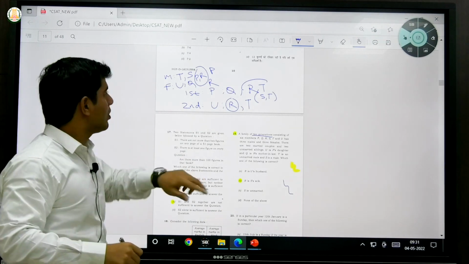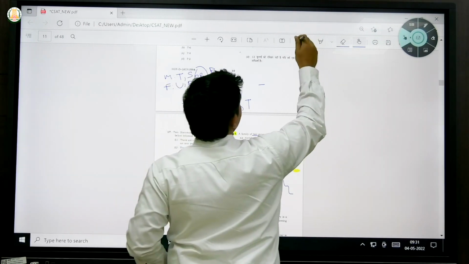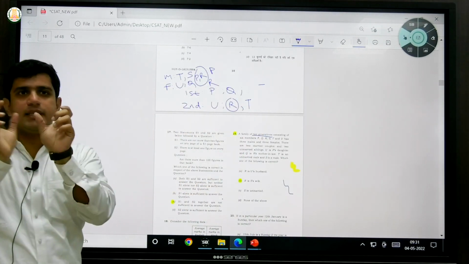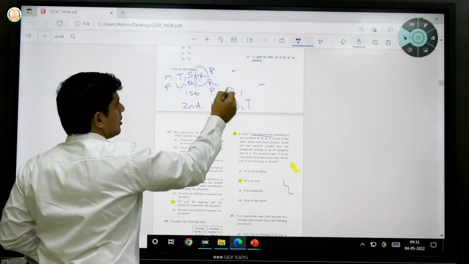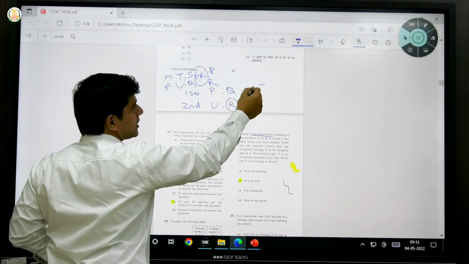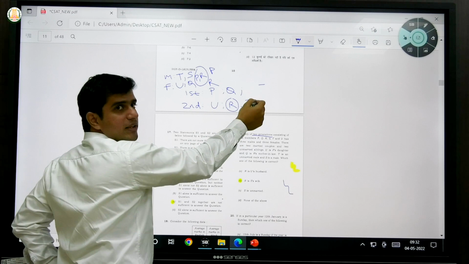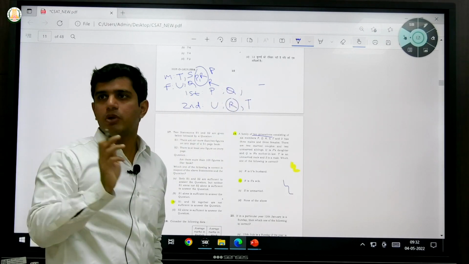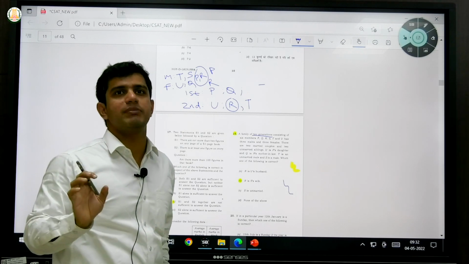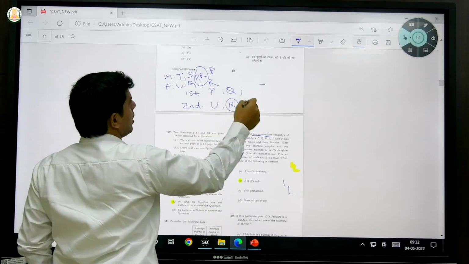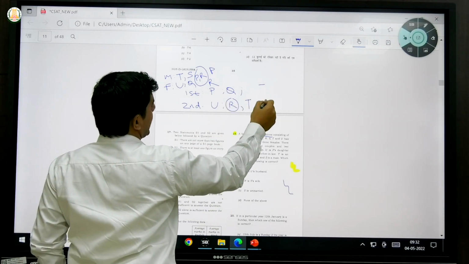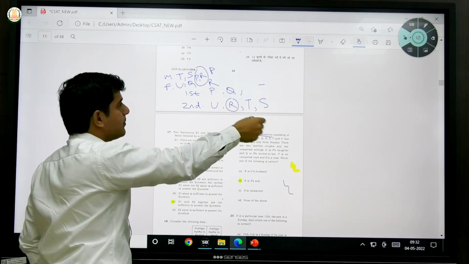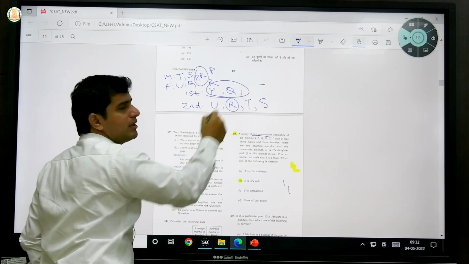We also know that couples are there, so there can't be a third person here. The fourth person must be here only. If the third person becomes first generation, you can't find couples, because couples are of the same generation, and siblings are of the same generation. So what is left here? S must also belong to the second generation. And we know this is one married couple.